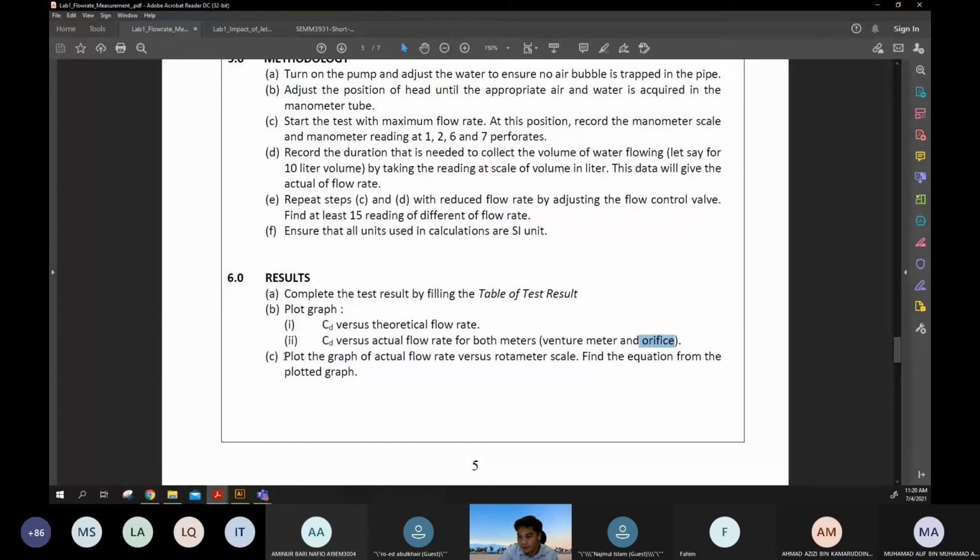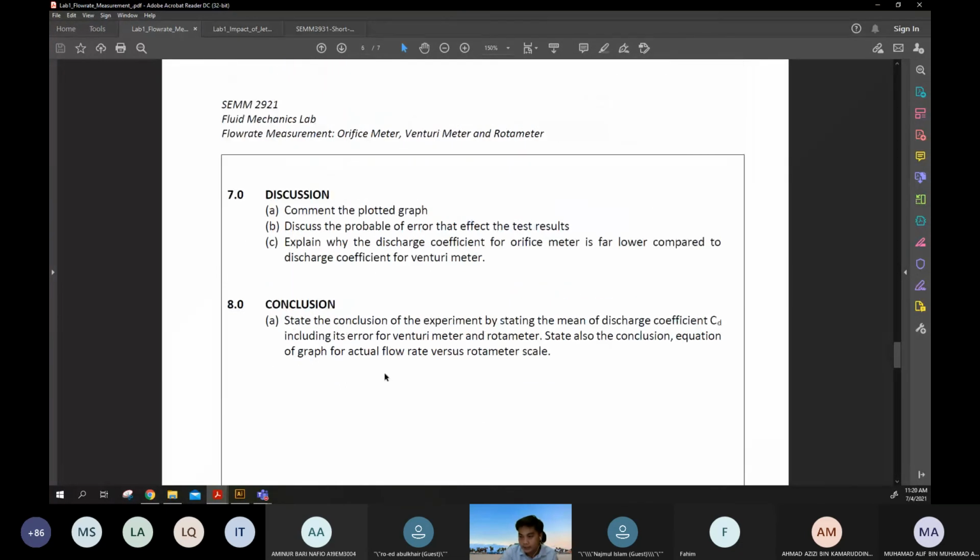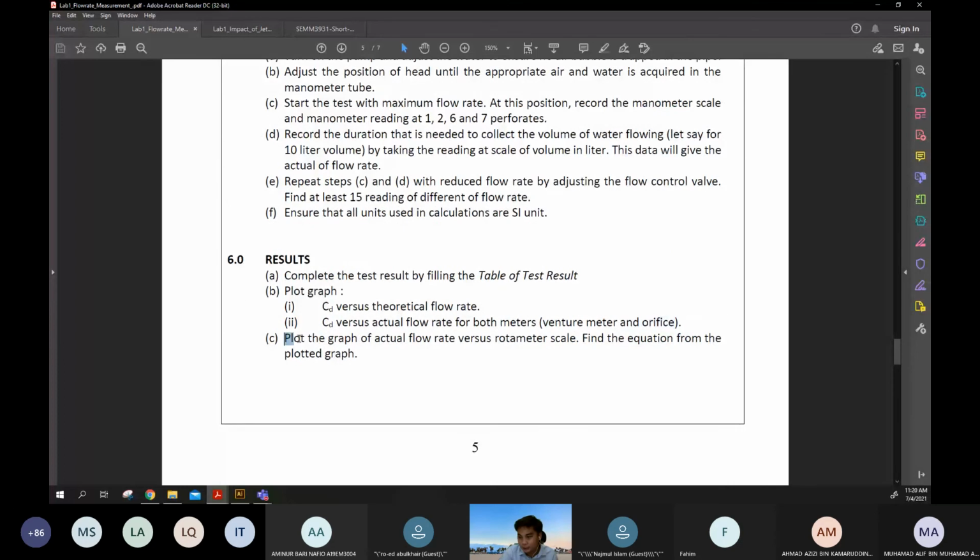Then finally, plot the graph of actual flow rate versus rotameter scale. Find the equation from the plotted graph. Okay, this is the equation. You can get this equation directly from the Excel file, by showing the equation for the line.